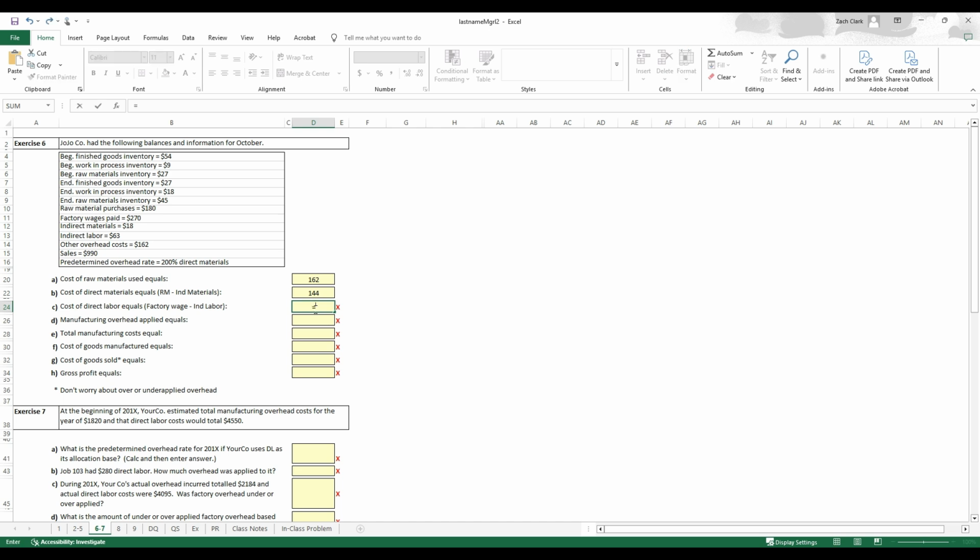In these problems, we're just trying to separate out what portion was indirect. So we have to ask what the total factory wages were. This was 270 total, minus the indirect labor of 63, which just leaves us the other portion of the factory wages, which is 207. That would be the direct labor, basically.